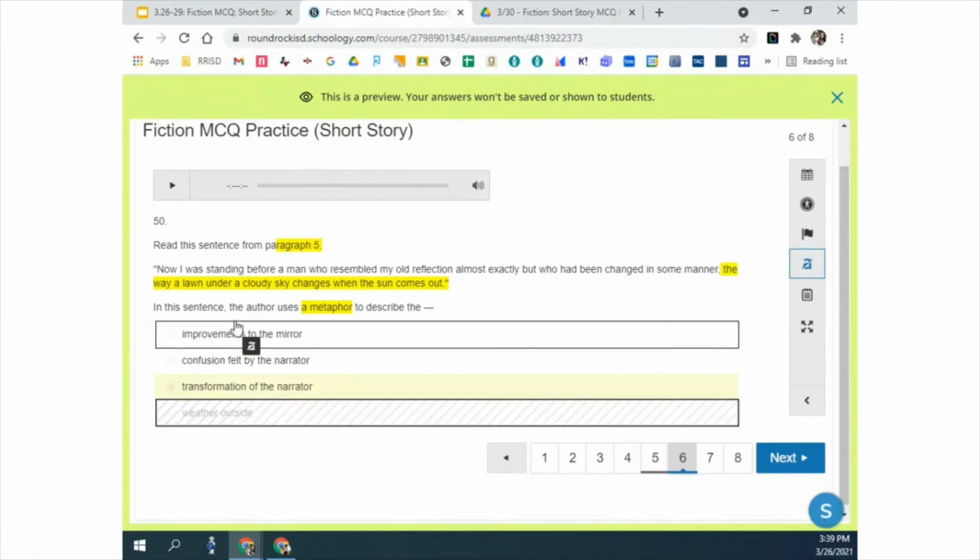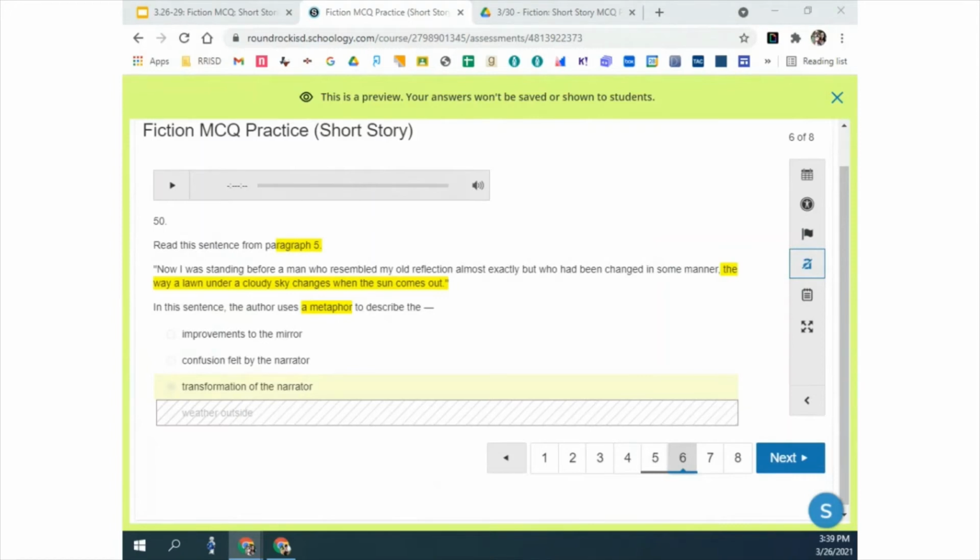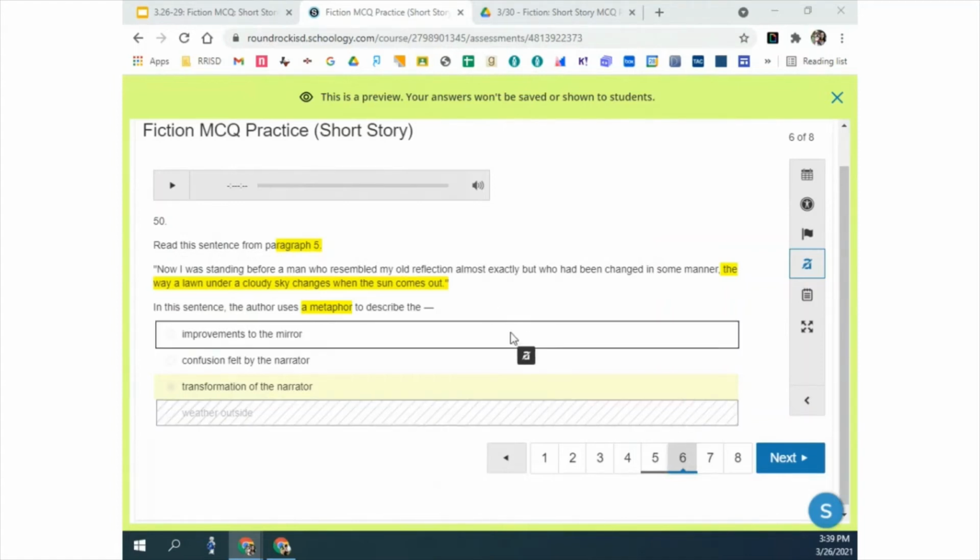What else? So I'm going to do it again. So A and B, which one can we eliminate next? Okay, a majority of you are saying A, right? Yes, it's the improvements of the mirror, but this is all about the narrator, right?